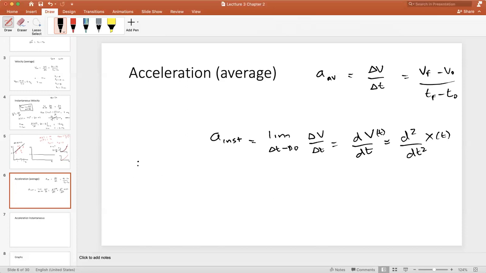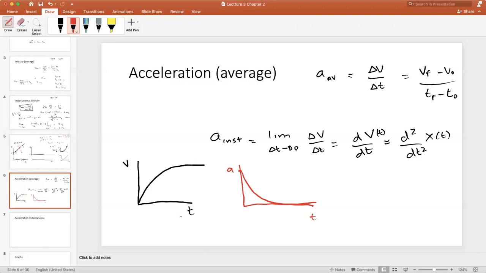And generally, we don't often draw an a-t graph, but let's say your velocity, as I said with the plane, starts off and increases really fast and then dies out. We could draw an a of t graph, and it's going to be really high at first, and it's going to drop to essentially 0 where it flattens out, right?